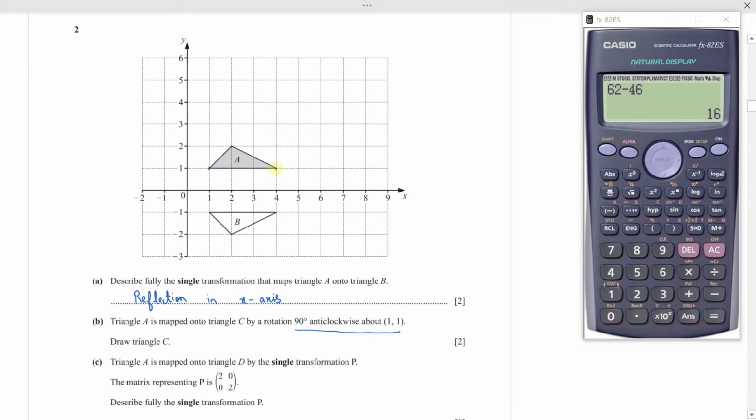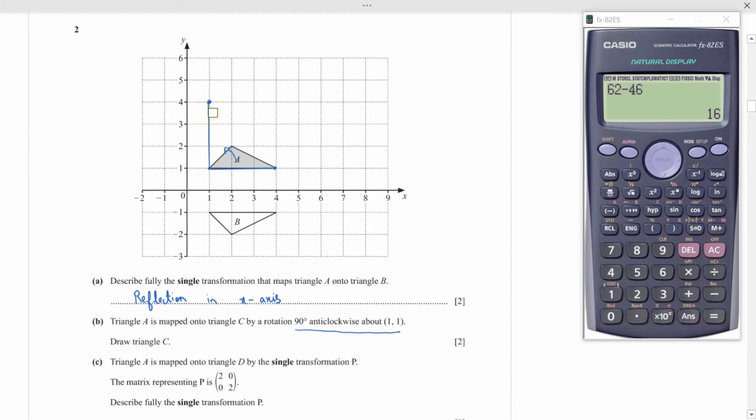So let's take this vertex and join this to the center of rotation, and then rotate this line 90-degree anti-clockwise. So this distance is 3, and then I go the same distance 3 in the other direction after rotating 90-degree anti-clockwise. So this point will end up here.